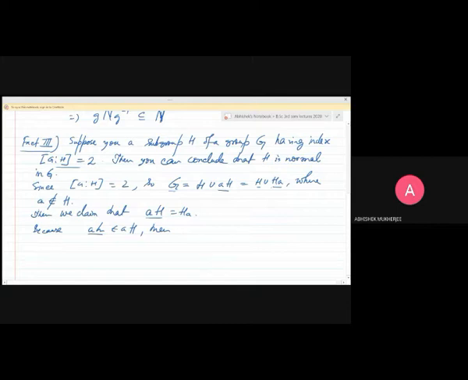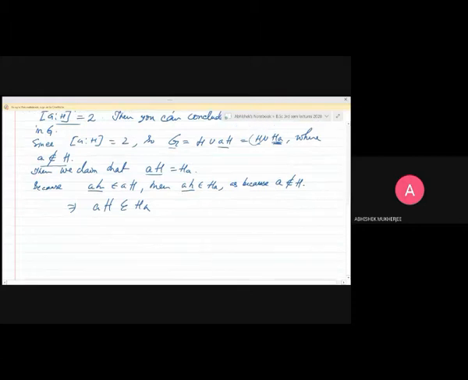Now since a does not belong to H, this ha must not be in the capital H, right? So then ha belongs to Ha, because a does not belong to H. So this will not go to capital H, it will go to this right coset. So this means aH is a subset of Ha.